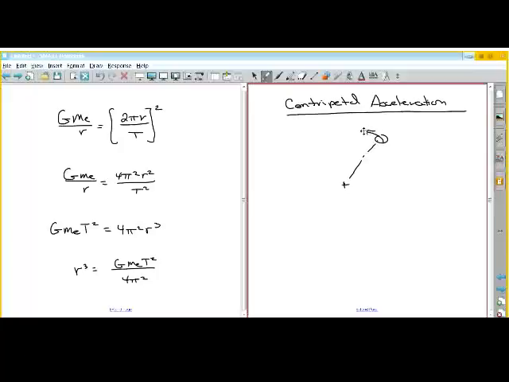So anything going in a circle, you need an acceleration to cause the thing to change direction consistently and constantly. And when we derived it, we came up with the centripetal acceleration is the tangential velocity squared divided by r, or it's equal to the angular velocity squared times r. So those are the equations for centripetal acceleration.